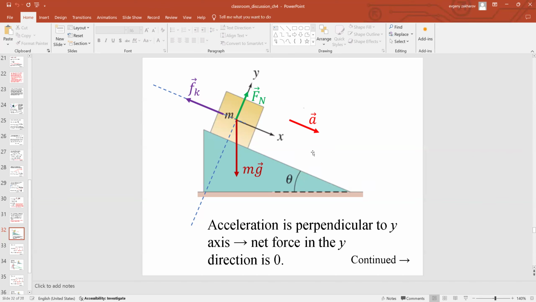So once again, for your inclined plane, I suggest you always use the irregular XY coordinate system. Your X is along the incline and Y is along the normal force. This way you save yourself from extra trigonometry that we're about to hit.